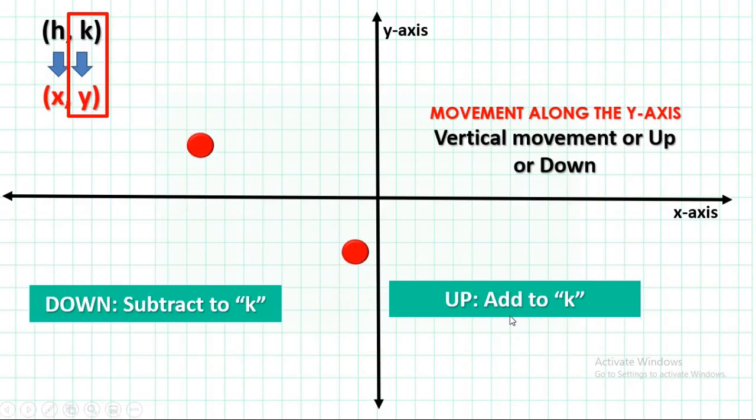And then if it is upward, we are going to add. So the direction downward will be related to the operation subtraction and upward will be related to the operation addition. So just in case there will be movements along the y-axis or vertical movements either downward or upward, the value of the vertex that will be modified will be for variable k.